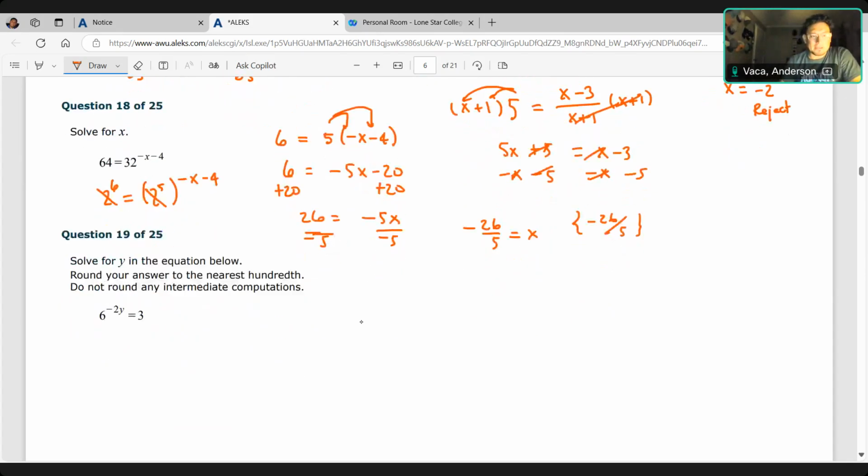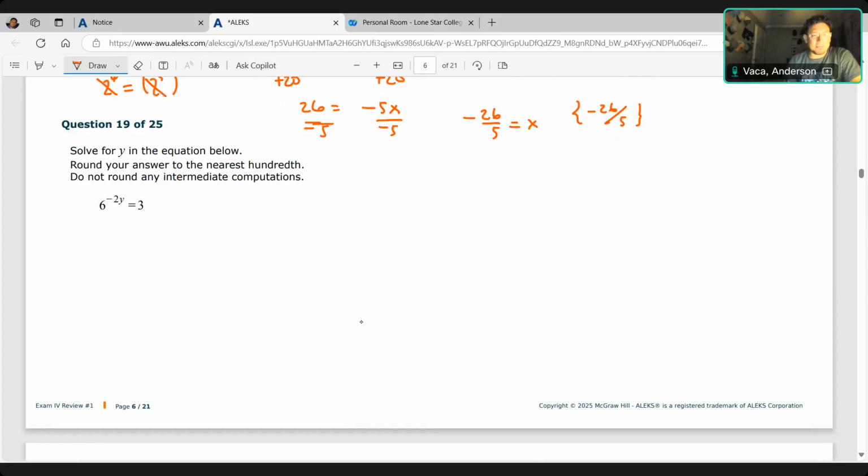Let's see what kind of mess we can get ourselves into in the next example, because 3 squared is not equal to 6. So we won't be able to do that. Instead, the only thing that we can do here is to take the logarithm of both sides. So I'm going to take the common logarithm of both sides. Let me rewrite this.